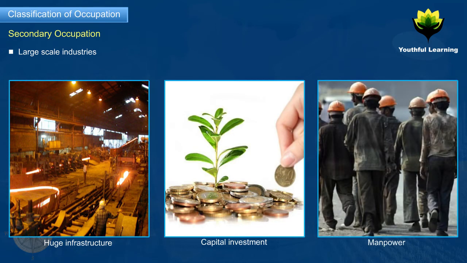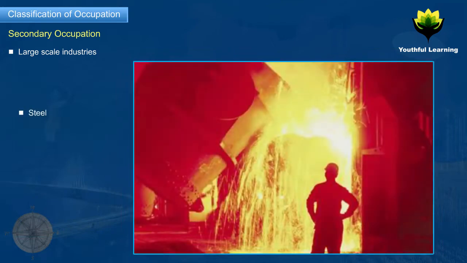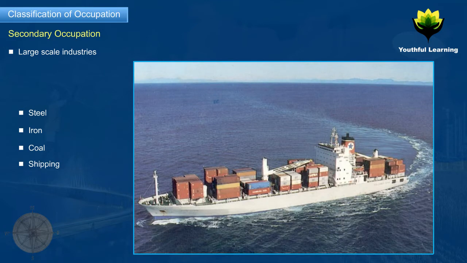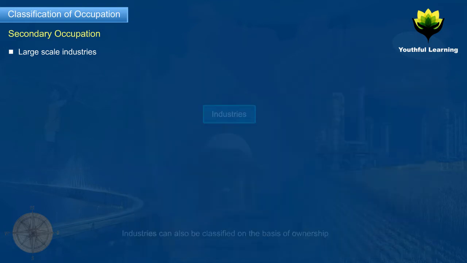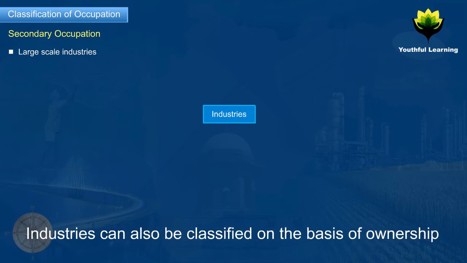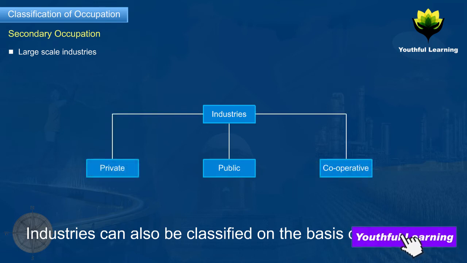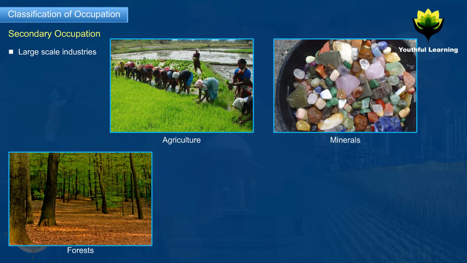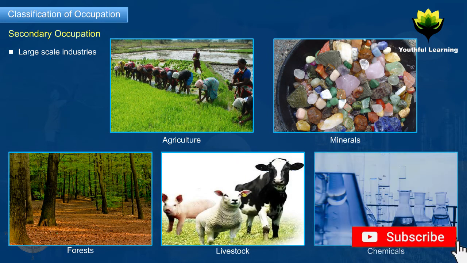For example, heavy industries like steel, iron, coal, shipping, etc. Industries can also be classified on the basis of ownership into public, private, and cooperative. The raw materials for the industries are obtained from agriculture, minerals, forests, livestock, chemicals, and other industries.